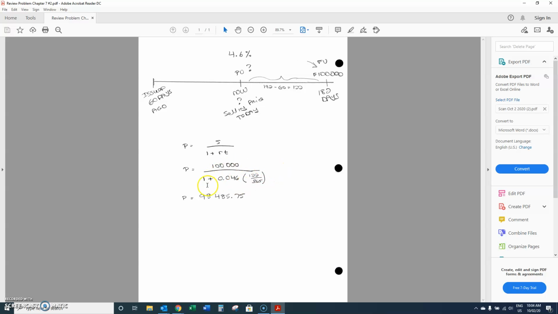Now I have this value, but now I'm going to store 1, because now I'm going to go 100,000 divided by recall 1 to get the full number.